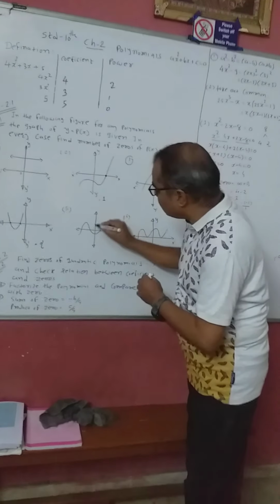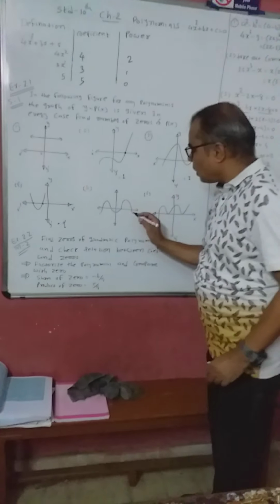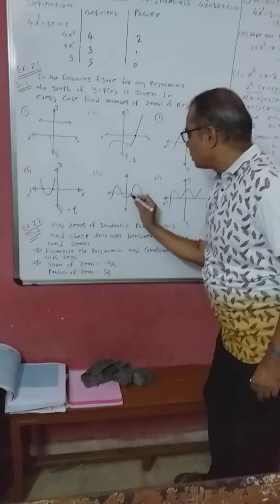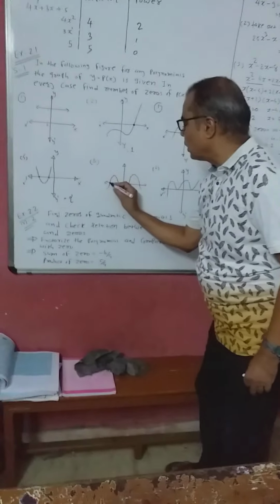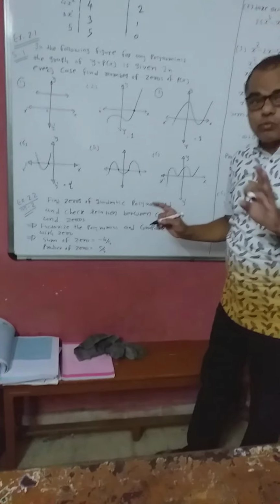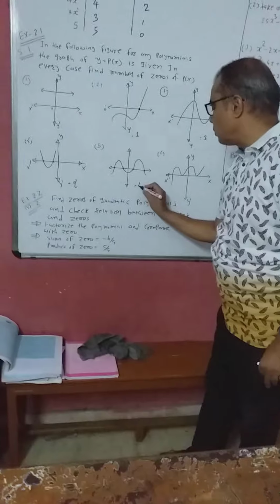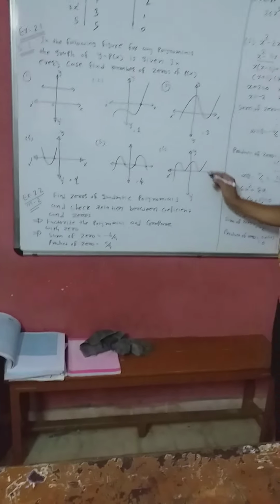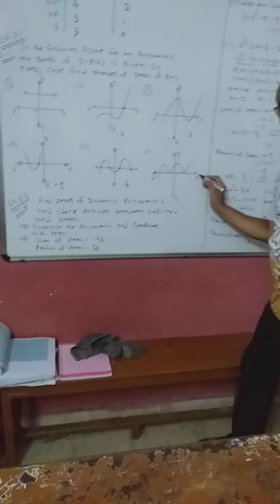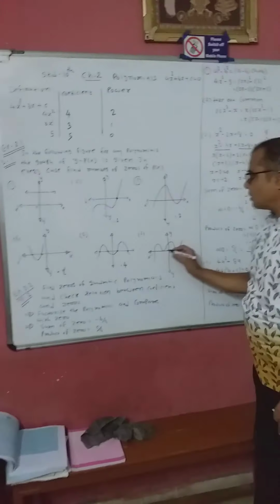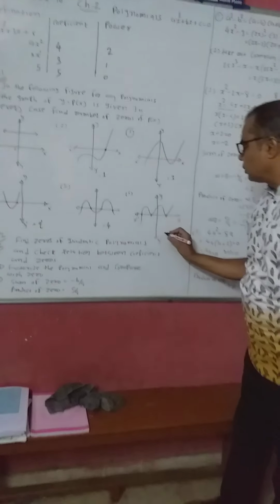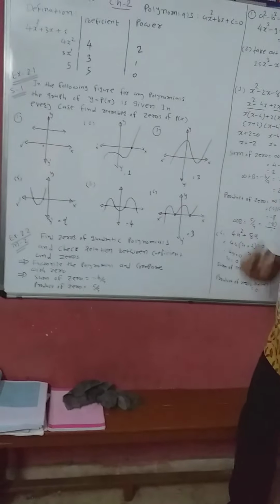You don't have to see the y-axis. How many points does it intersect? 1, 2, 3, 4. It means it has 4 zeros, right? Now the sixth graph. You have to see only the x-axis, which intersects at 1, 2, 3 points. So it has 3 zeros.